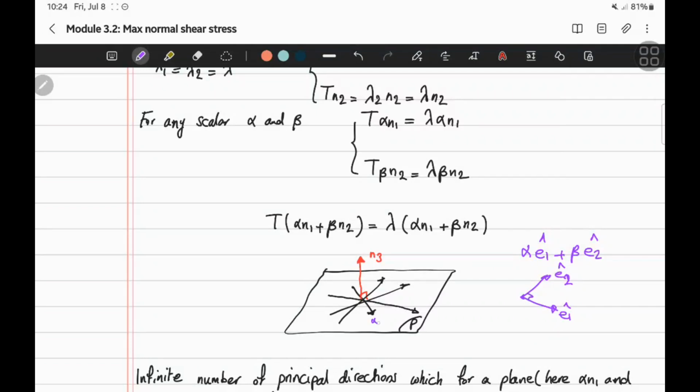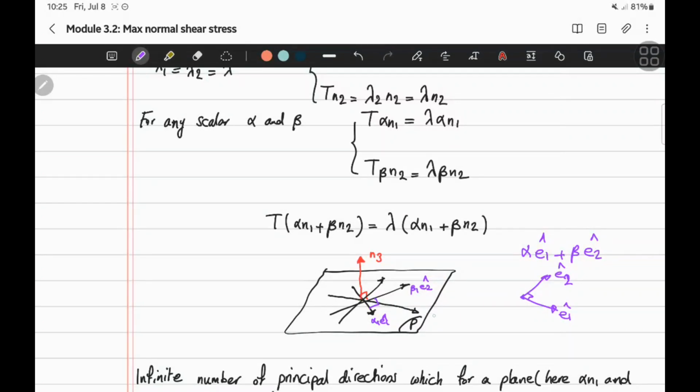So suppose that this is alpha 1 E1, and this one is perpendicular to this one, so this is beta 1 E2, where these form a plane P, where N3 is normal to both P and also these eigenvectors alpha 1 E1 and beta 1 E2.